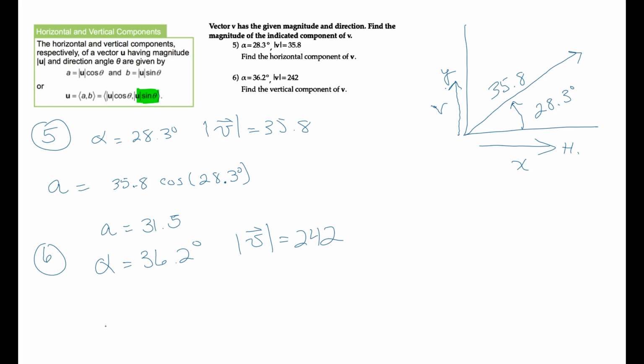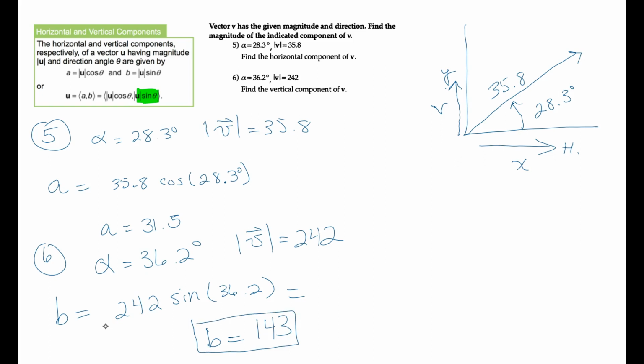Our b value will be equal to the magnitude, 242, times the sine of 36.2 degrees. And this on the calculator gives us something like b equals 143 units. So that right there would be the vertical component, and in the previous problem, the horizontal component.